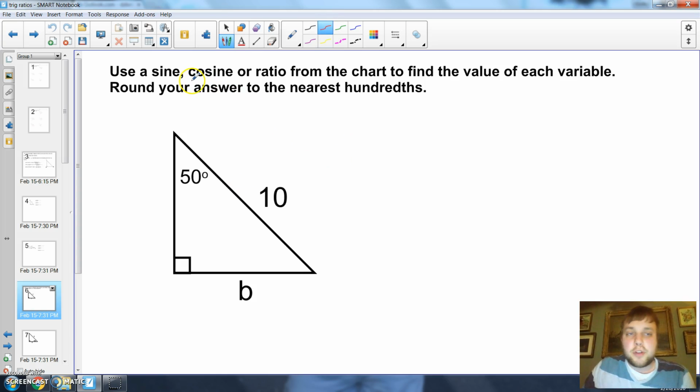So, first of all, it says use sine, cosine, or ratio from the chart to find the values of each variable. Round your answer to the nearest hundredths. So we are given one side, and we need to find this side, b. So b equals something. Well, Pythagoras' theorem, I need two sides, and I can find the third side.